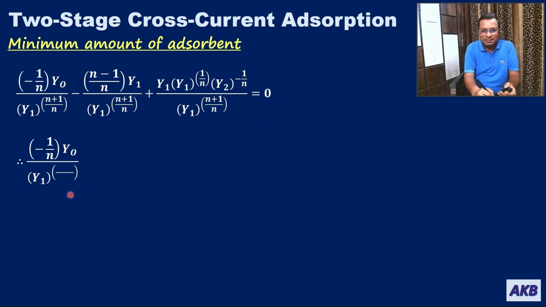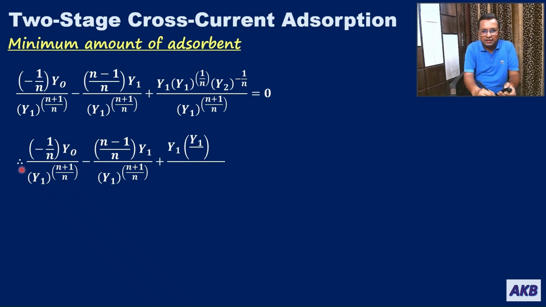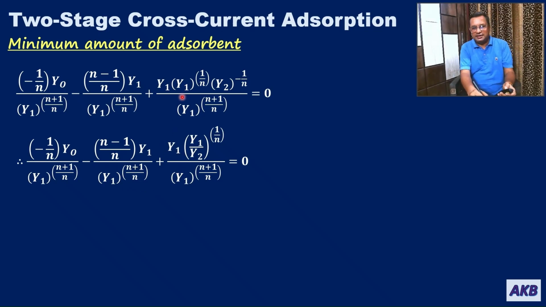So in the next step, I will do one more simplification. So this is minus 1/n into capital Y0 divided by capital Y1 raised to (n plus 1)/n, minus (n minus 1)/n into capital Y1 divided by capital Y1 raised to (n plus 1)/n, plus capital Y1, and I will combine these two terms, capital Y1 and capital Y2.